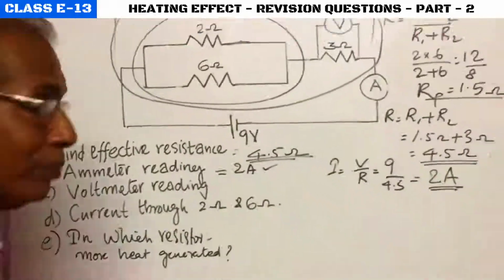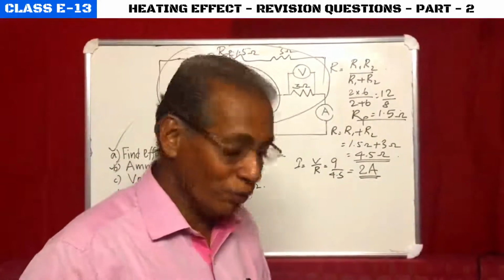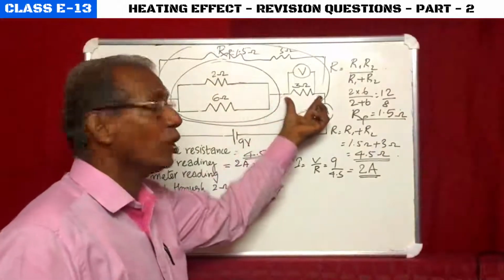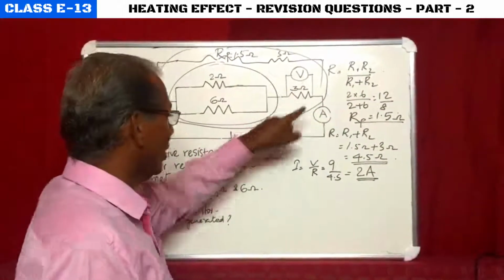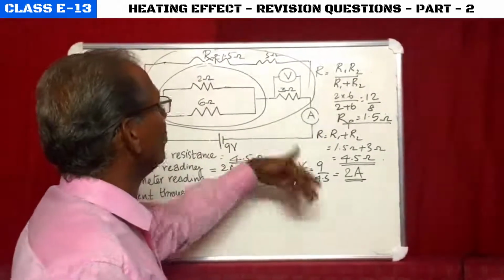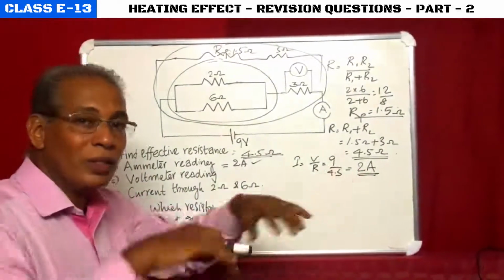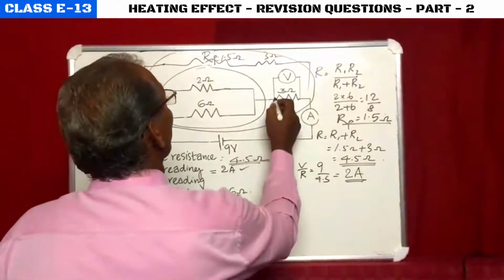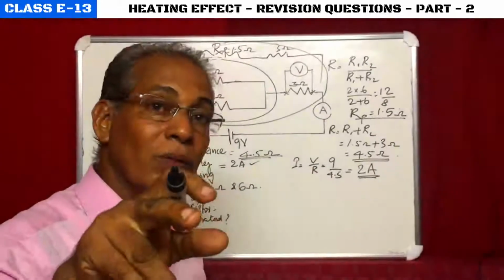That is also over. Now comes the voltmeter reading. Where is the voltmeter connected? The voltmeter is connected across 3 ohms. So 3 ohm is the resistance, and 9 volt is the voltage. The effective resistance we already calculated and the current we already got. Using these we can calculate the voltage across 3 ohms, that is the reading of the voltmeter.